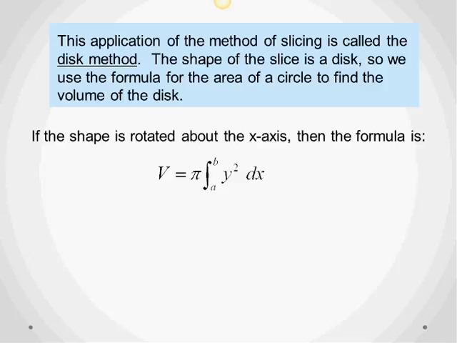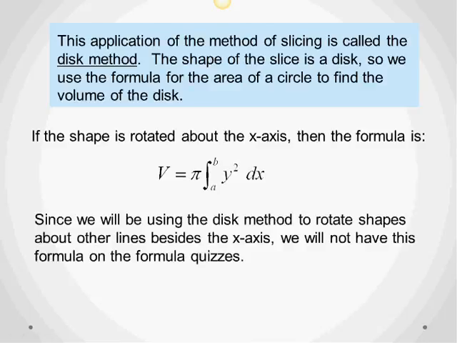If the shape is rotated around the x-axis, then the volume is equal to pi times the integral from a to b of y squared, y meaning the value of the function at that point, dx. So this y is still going to be in terms of x. We're just denoting it by saying that y equals whatever that function is.